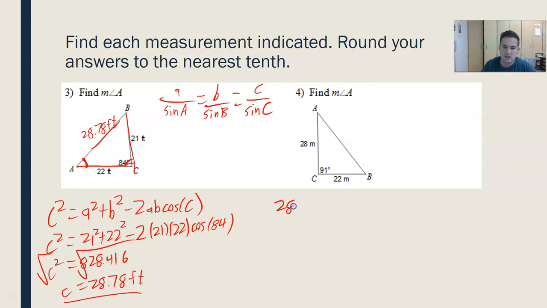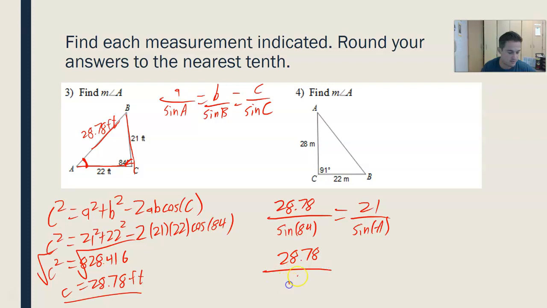So I can take 28.78 divided by the sine of 84 is equal to 21 divided by the sine of A. Sine of 84 in my calculator reduces to 28.78 divided by 0.9945 equals 21 over the sine of A.